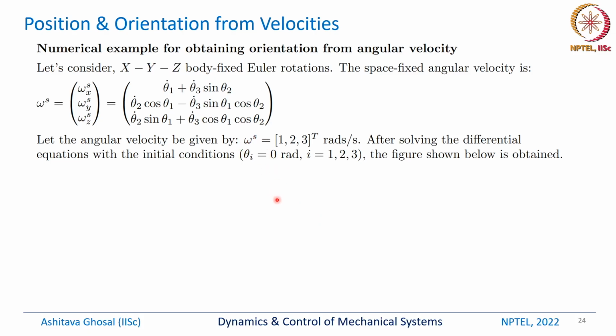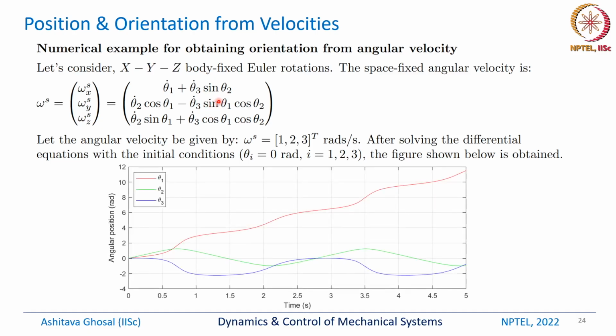So the TA has made a nice video of various ways in MATLAB to integrate. There are routines available for integrating differential equations, and we can use those routines to solve this problem of integrating three coupled nonlinear equations.